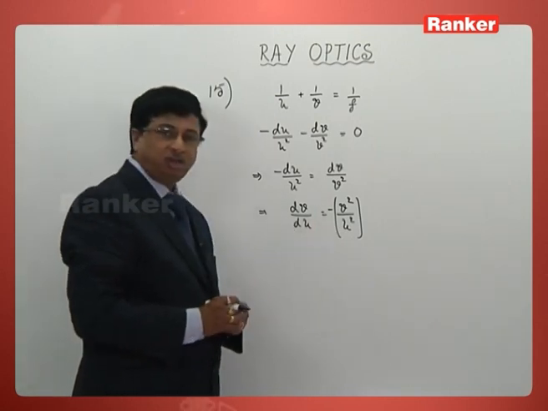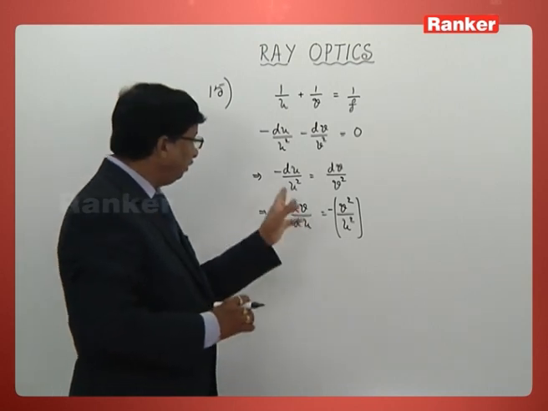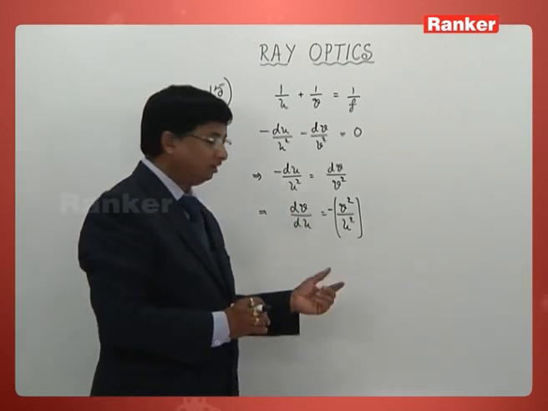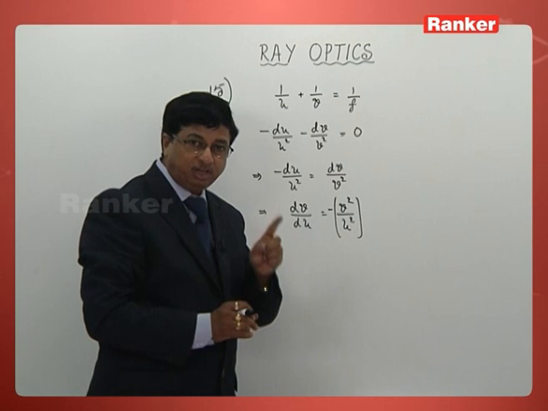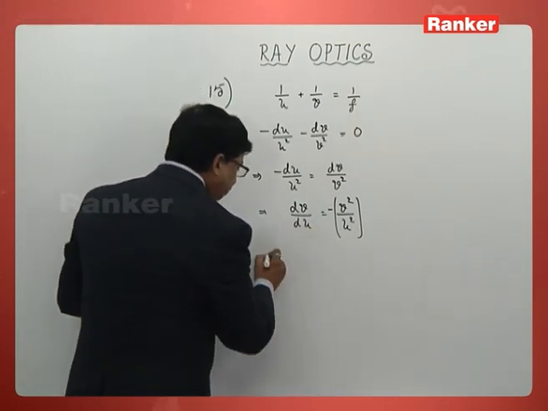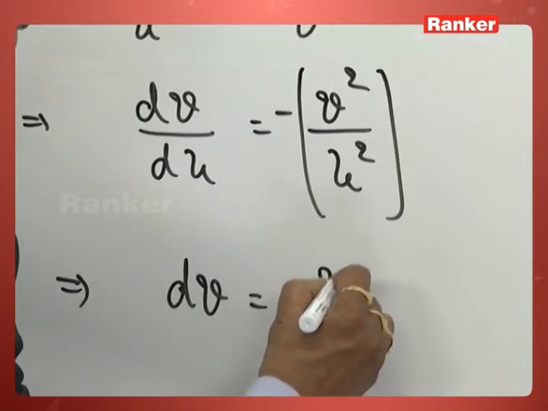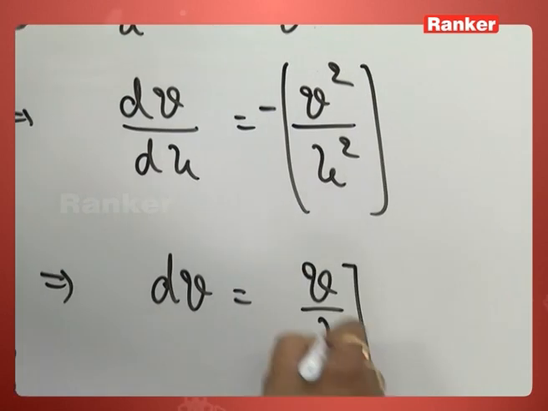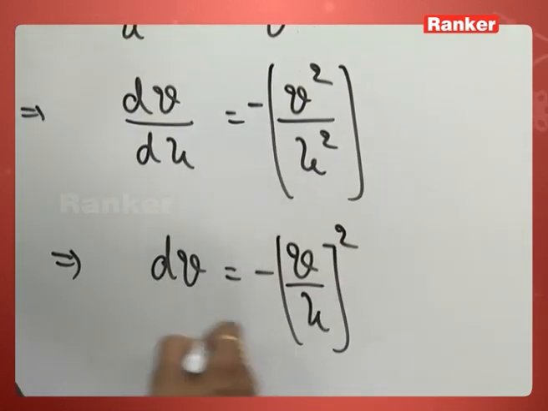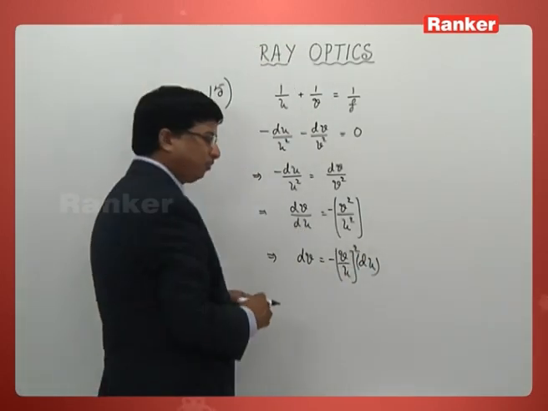What is the du here? It is the size of the object. What is it he is asking us to calculate? The value of dv is the question. So what can we write now? From this I can write dv is equal to (v by u) whole square into du with a negative sign.